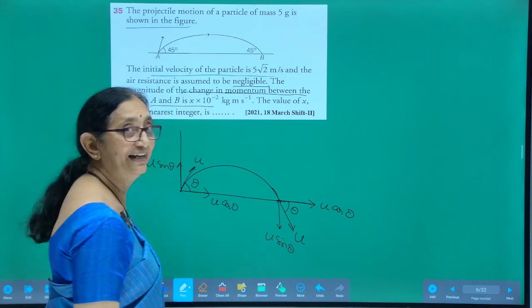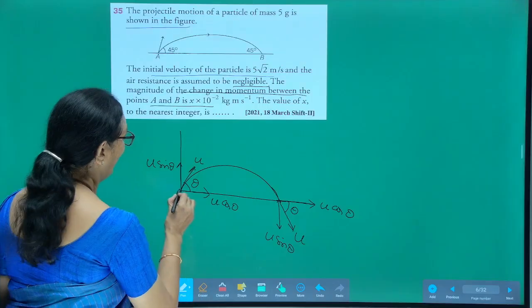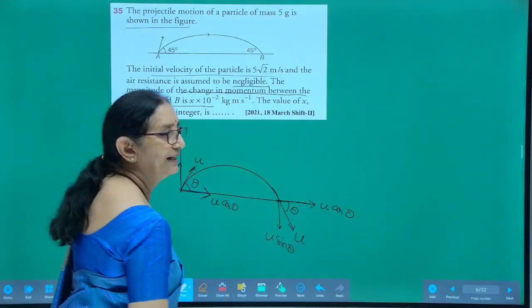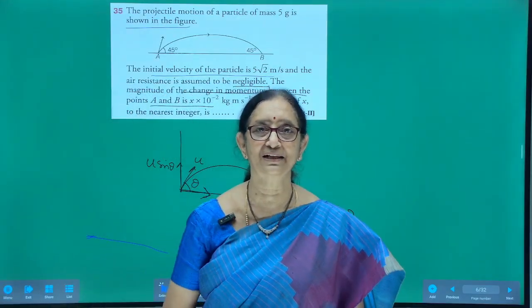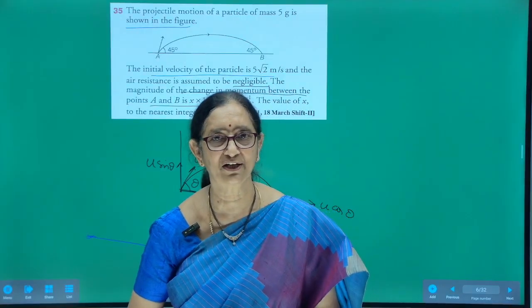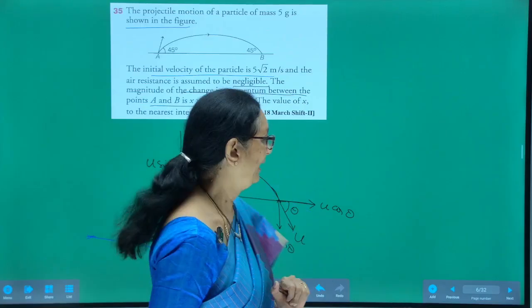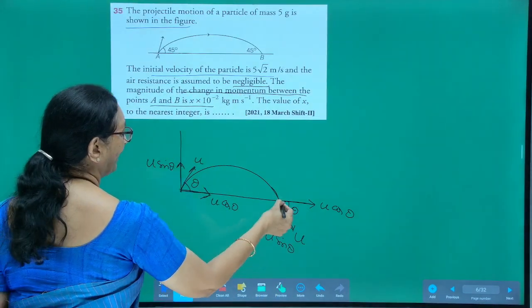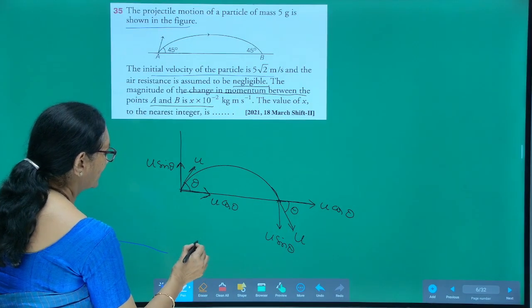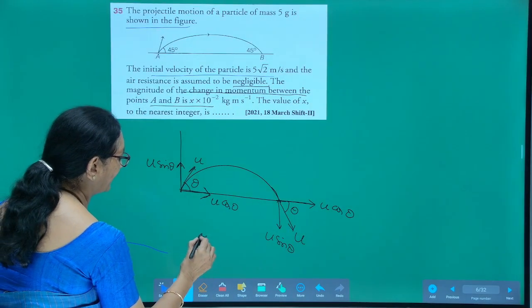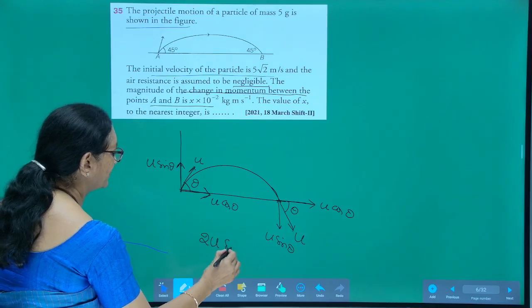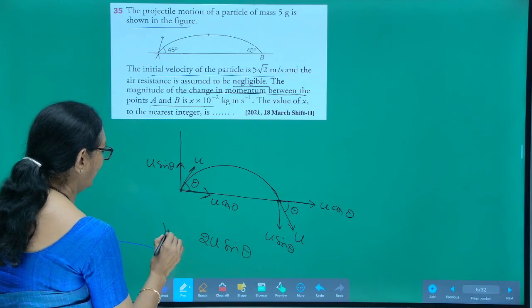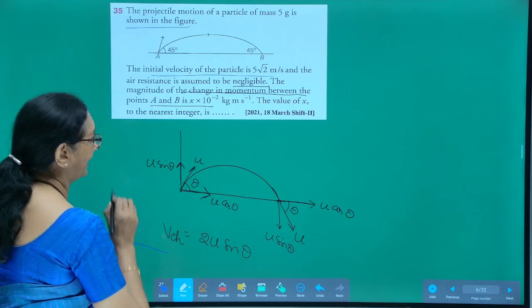Here there is an interesting thing. Along the horizontal, there is no change in velocity because acceleration component is 0. Along the vertical, initially it is up, finally it is down. So, change in velocity is 2u sin theta in the vertically downward direction.